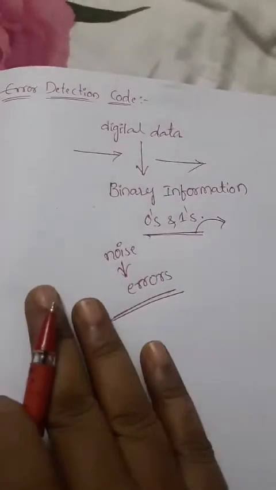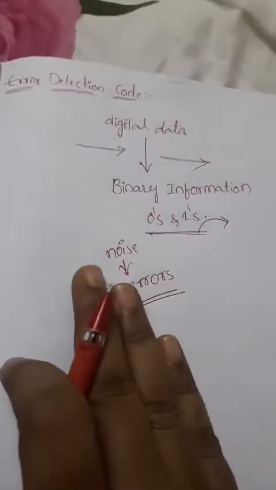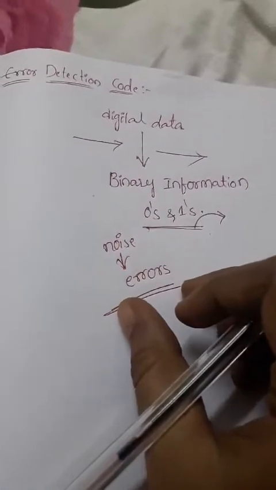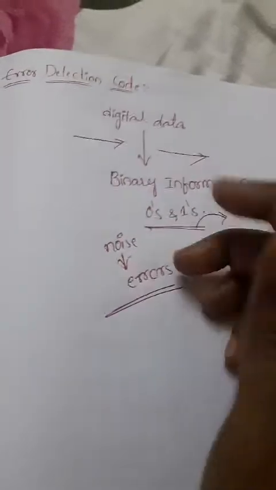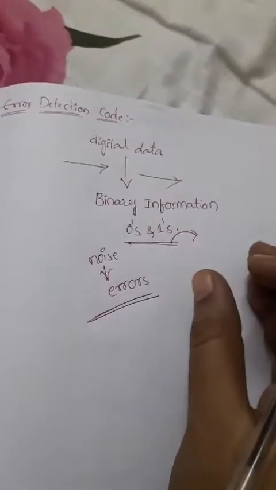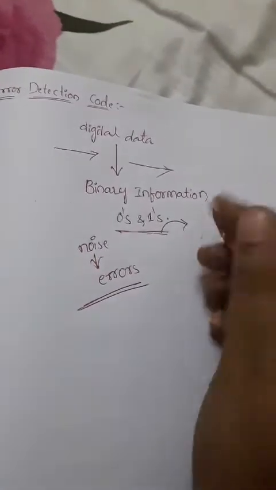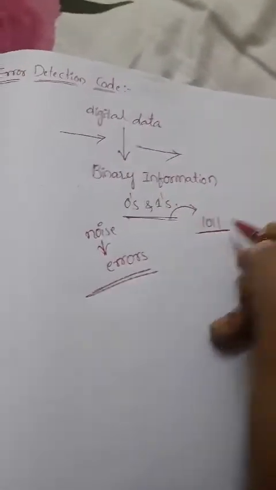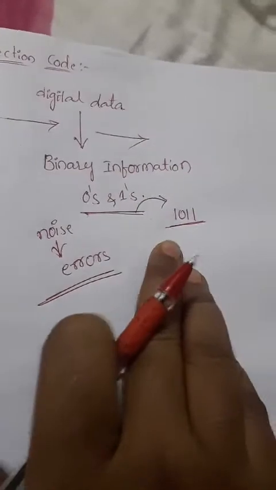During this transmission, if any noise or disturbances are added to the signals, what we are sending changes. For example, 1011 is our binary information, which I transmit from one place to another.